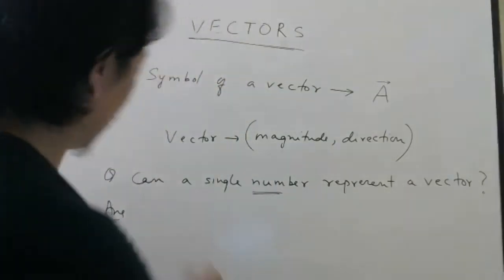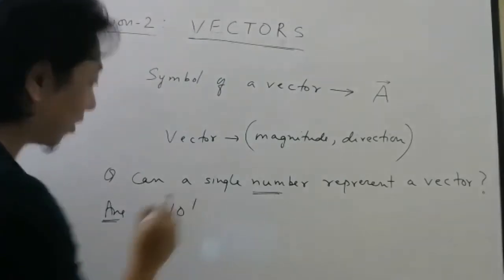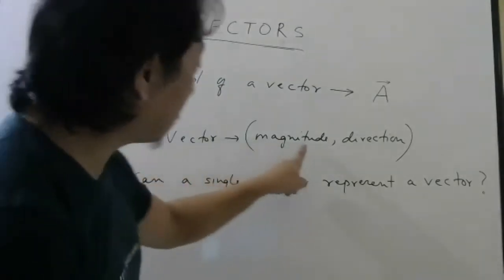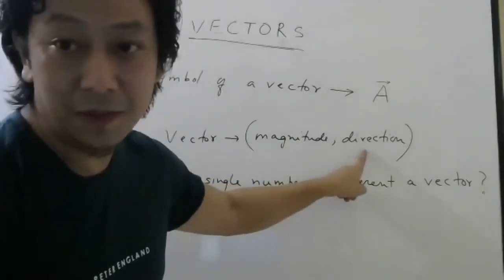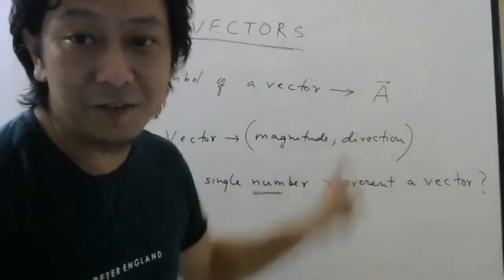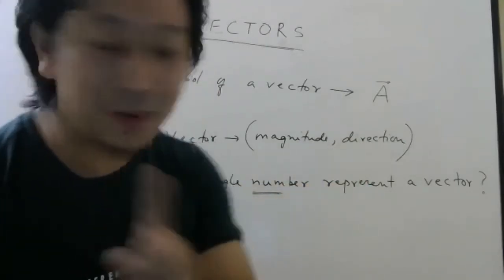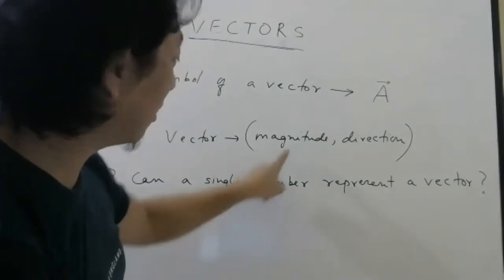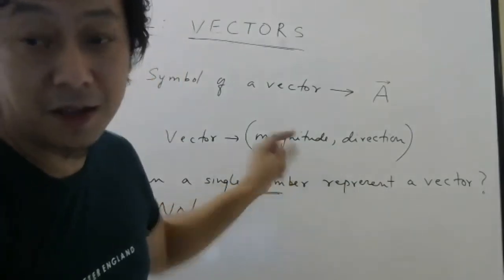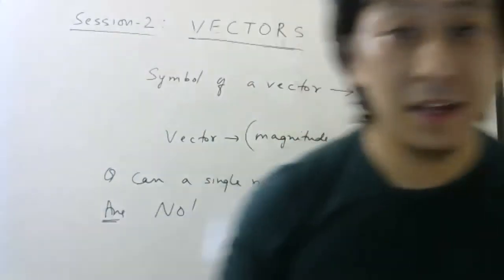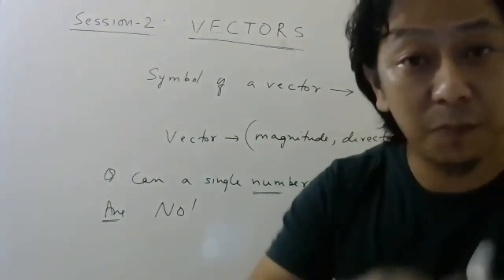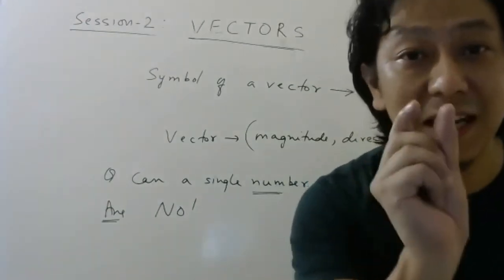The answer is no. Why no? Because a vector should have magnitude and direction. So two things cannot be given by one number. The number will only give you magnitude. So please keep this in your mind: a vector cannot be represented by a single number.